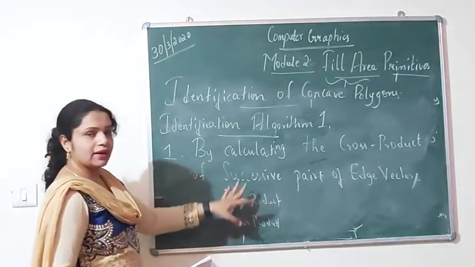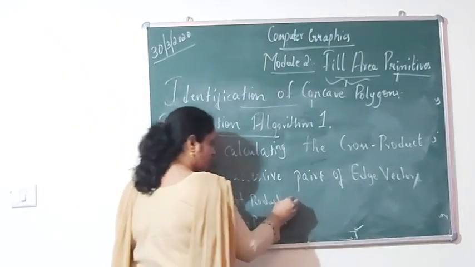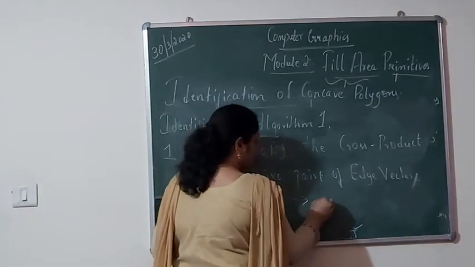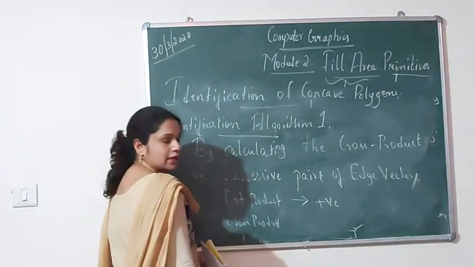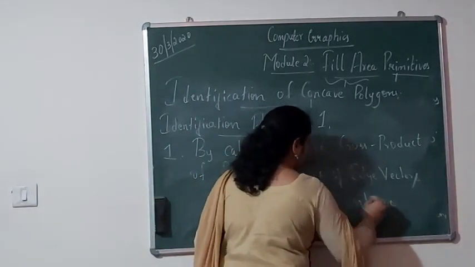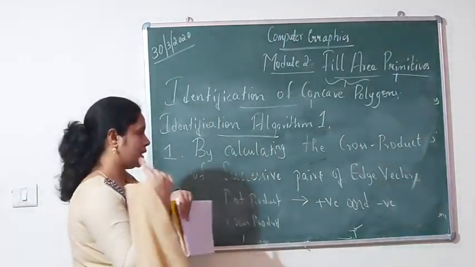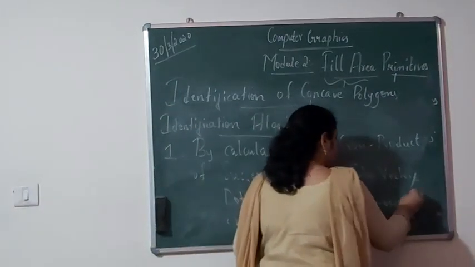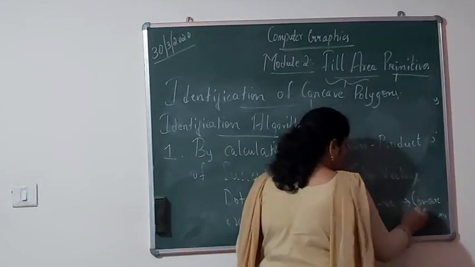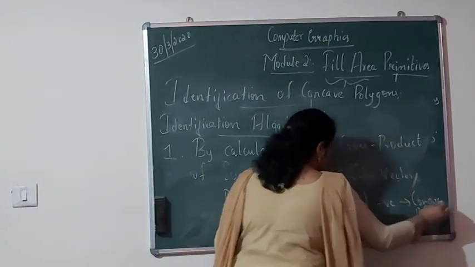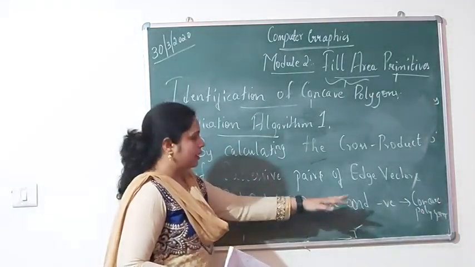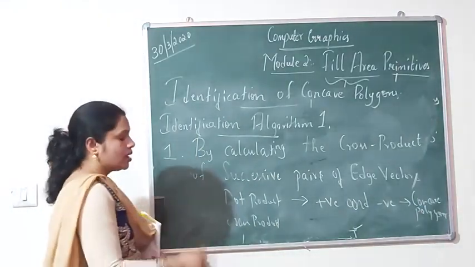After calculating the cross product of the vectors, if we get a combination where the results of the cross product are positive and negative, both, then we say that it is a concave polygon. If the result of my cross product is a combination of both positive and negative values, then such a polygon we call a concave polygon.